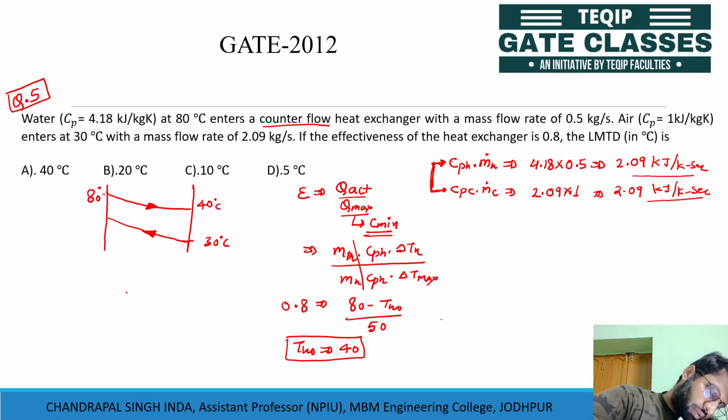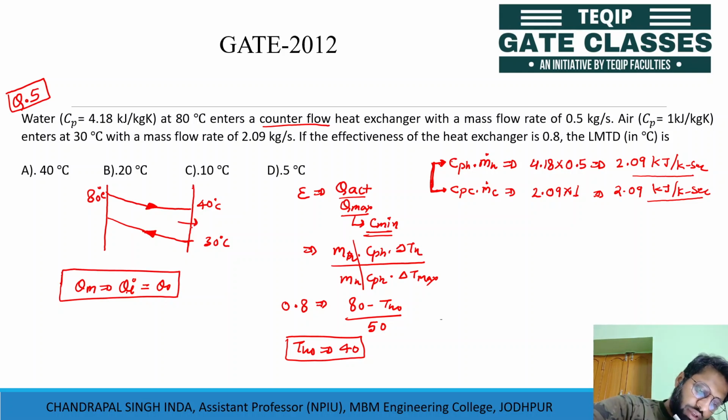Here we can find the value of LMTD. As we know, if the product of mass flow rate and the heat capacity of the fluid is equal, then the counterflow heat exchanger's LMTD will be the difference between the hot and the cold fluid, that is theta mean is equal to theta inlet is equal to theta outlet.